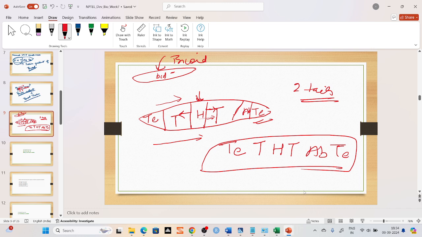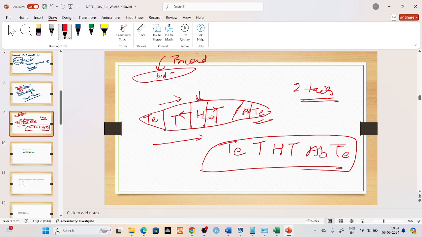Because the expression of nanos is maximum at the posterior end, therefore abdomen is formed in the posterior end only. Because for abdomen formation, for head formation, we need the specific expression of its specific proteins, that is nanos and this bicoid. That is why.